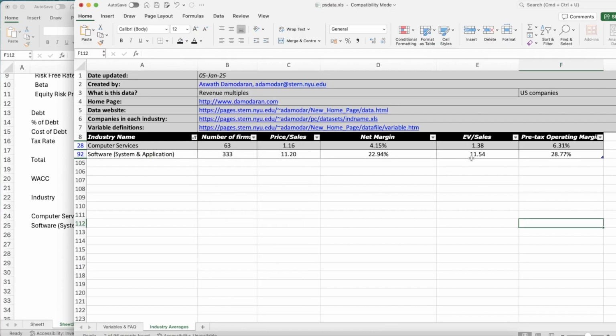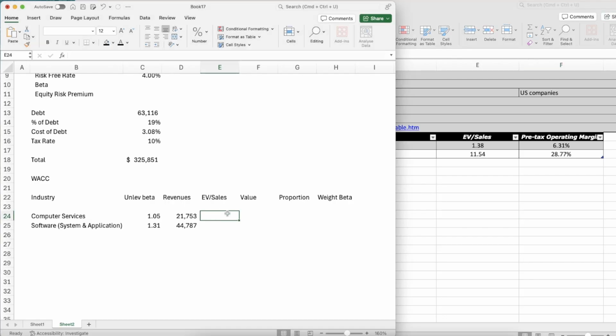So 1.38 to 11.54. The value for each of these is the revenues multiplied by the EV to sales ratio. Pull that down.